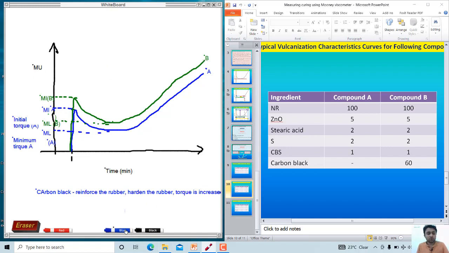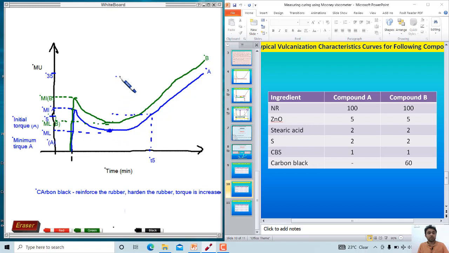And here also we have to count 5 Mooney units from here, and it will come to here, and we need to go to the curve like this. Then we need to come here and find T5 of compound A. It's 5, count 35 units from the minimum.